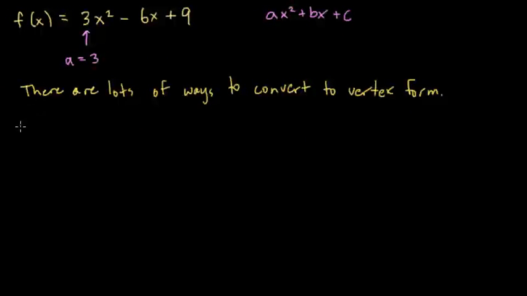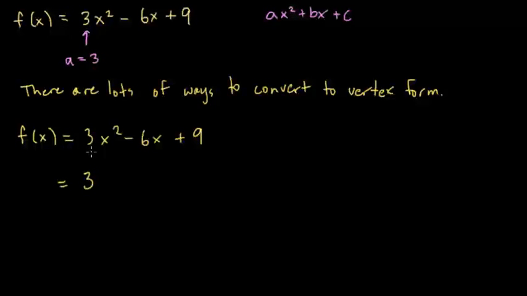Okay, the first thing I want you to do is take your f of x equals 3x squared minus 6x plus 9, and I want you to factor out that leading coefficient from all three terms. So the 3 comes out, and this first term is just x squared. When I take the 3 out of negative 6, I get negative 2.